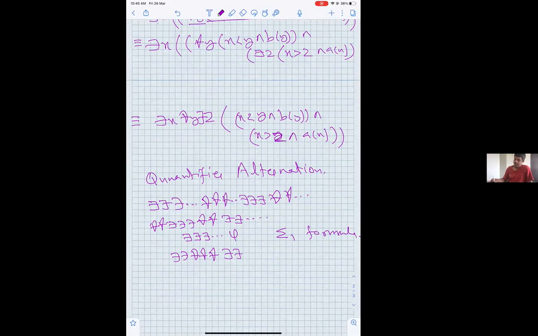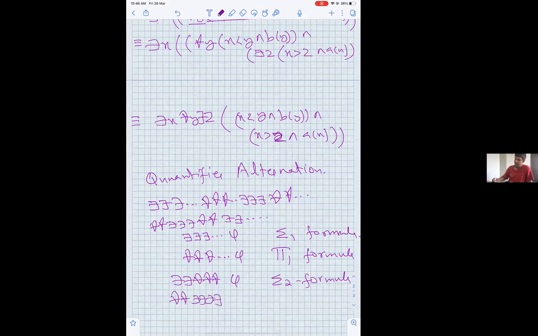So if I have only there exists, I'll say it's a sigma 1 formula. If I have only for all phi, I'll say it's a pi 1 formula. If it is there exist followed by for all, I'll say it's a sigma 2 formula. Similarly, for all followed by there exist, I'll say it's a pi 2 formula.